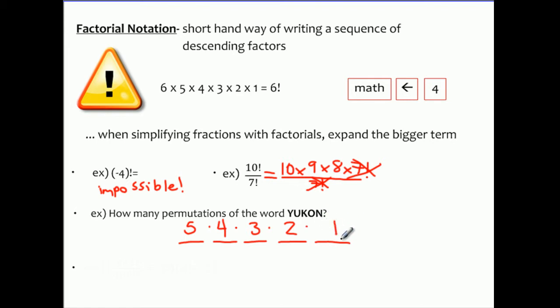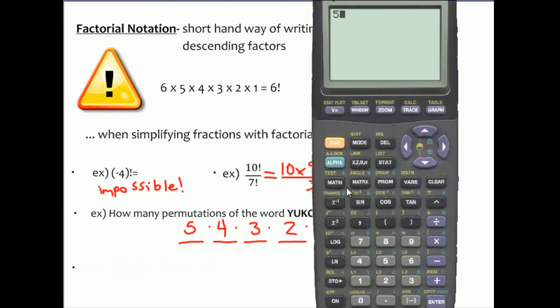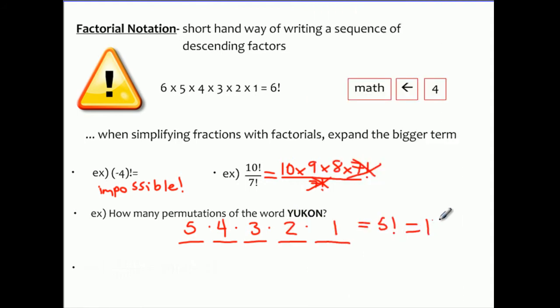At the last spot, you only have 1 letter remaining to choose from. So this will give you 5 factorial ways in which you can arrange the word Yukon. 5 factorial gives us 120.